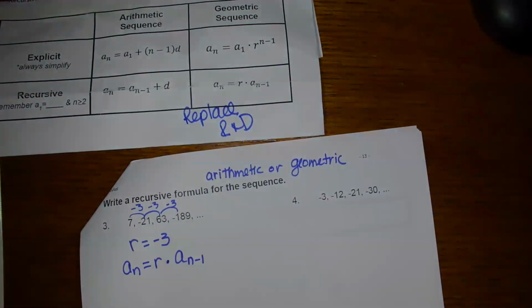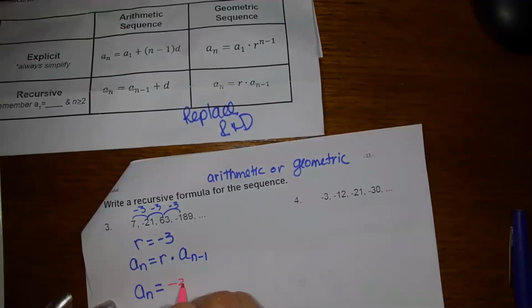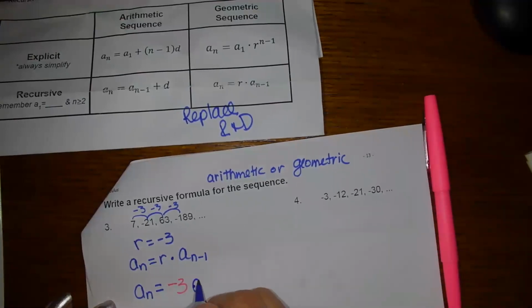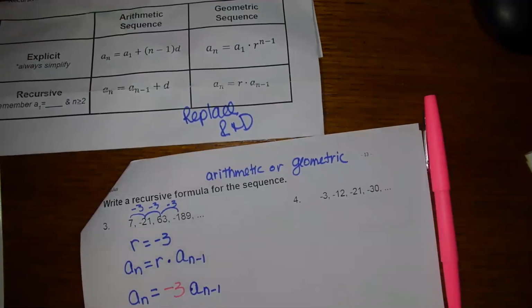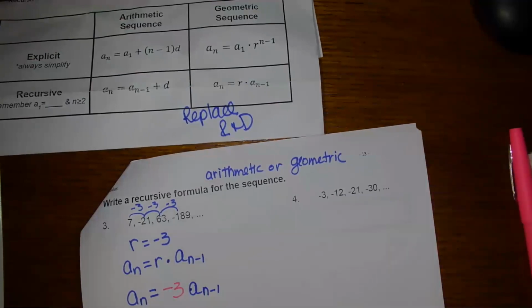In order to write the formula, you're going to replace the R. So you're going to say AN equals, I'm going to change -3 times A to the n minus 1. So all you're doing to write your formula is replacing the R with whatever you found R with.